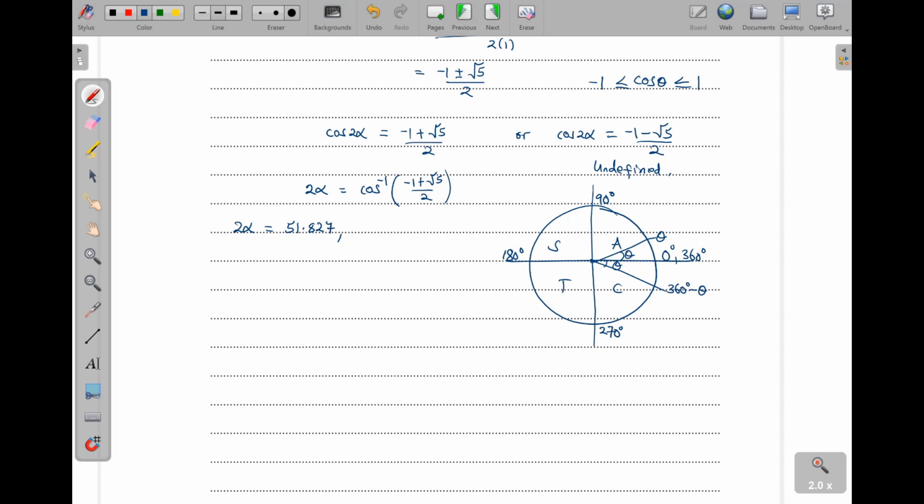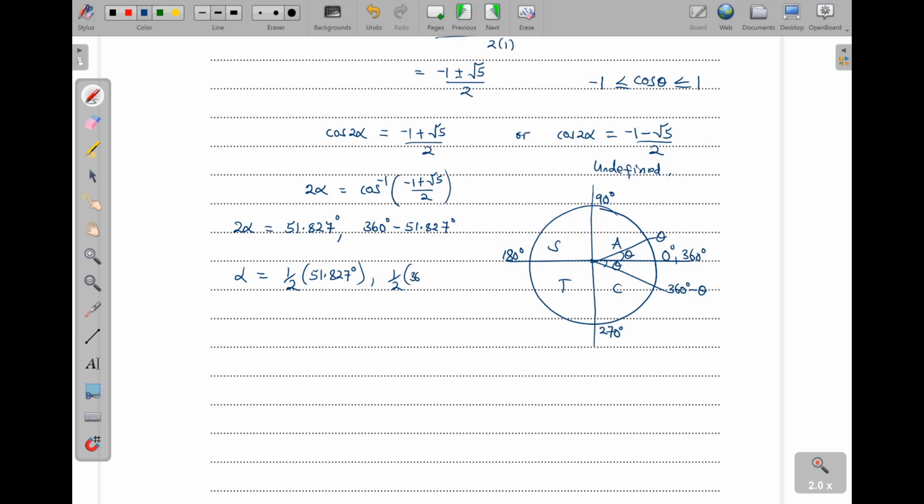And then you also write the other angle where cosine is positive, which is 360 minus that answer. So 360 degrees, then minus this 51.827.